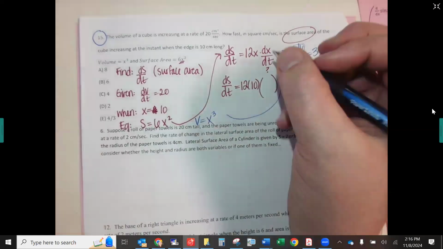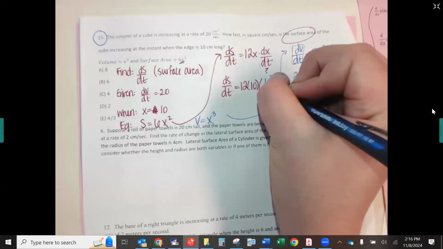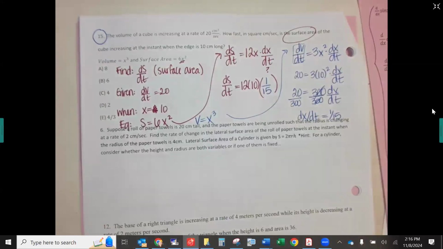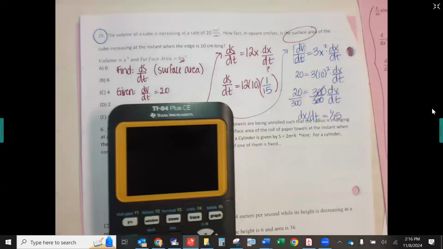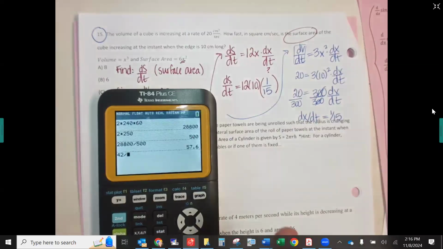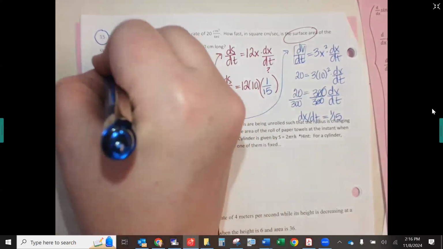Okay, and then from there, you can plug it in right here. So you have to kind of follow the breadcrumb trail until you get there. Okay, then in your calculator, 12 times 10 divided by 15 is 8.